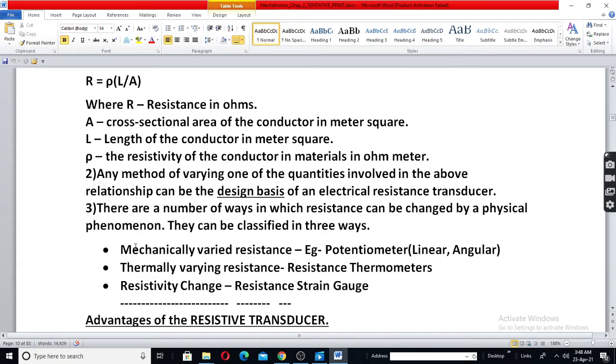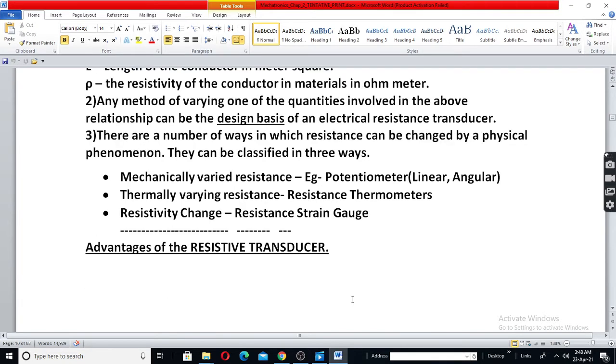So mechanically, if they are varied, they are called potentiometers. Thermally, if you vary the resistance, for example, we have resistance thermometers. If resistivity changes, you have strain gauges.